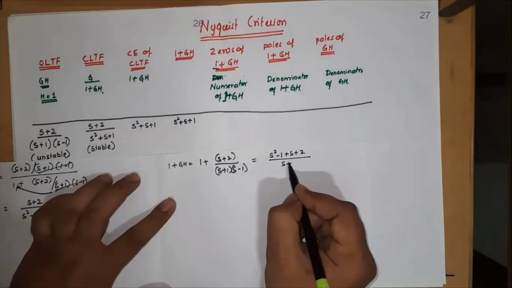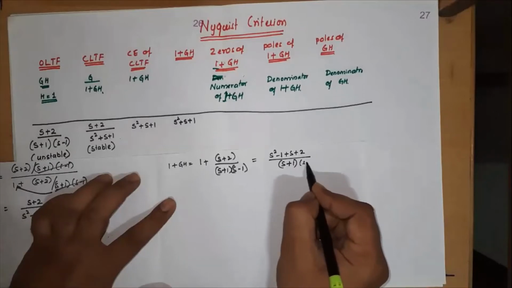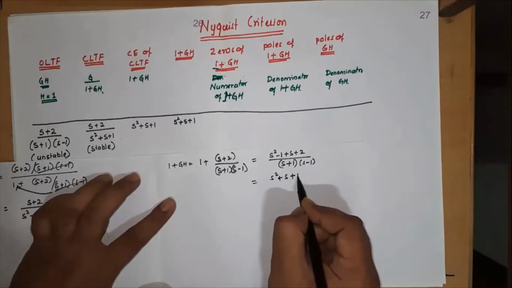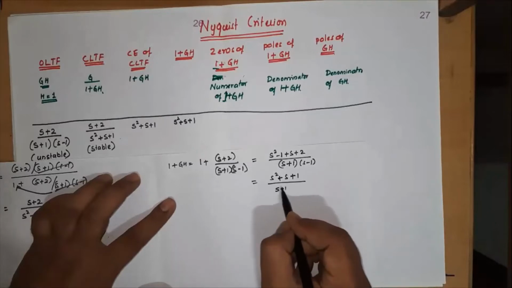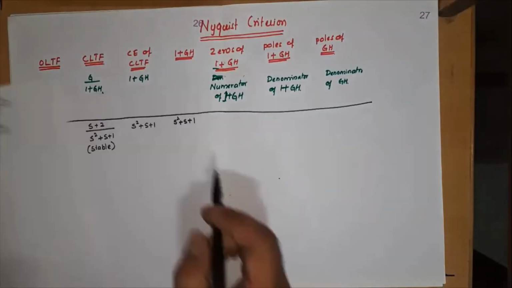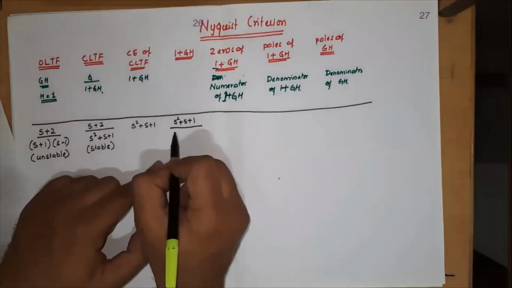So you will get s square plus s plus 1 in the numerator and (s plus 1)(s minus 1) in the denominator. So this is actually 1 plus GH, what I wanted to tell.